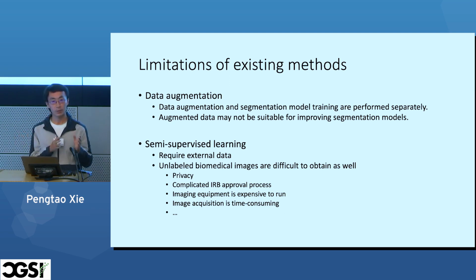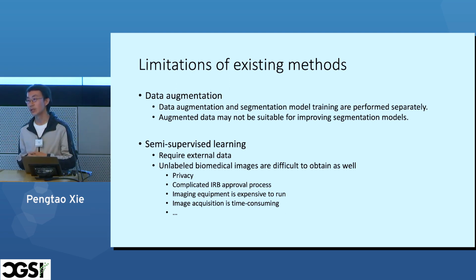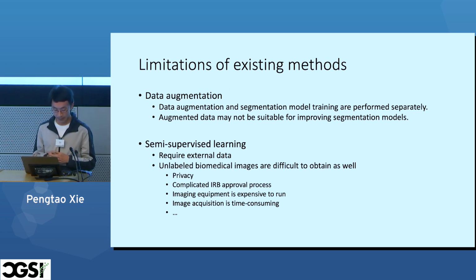And when we do the data augmentation, it has no guidance from the semantic segmentation performance. As a result, the augmented data may not be suitable for improving the segmentation models. Right? We do something that we thought might be helpful, but actually when it is applied to train the model, it does not.